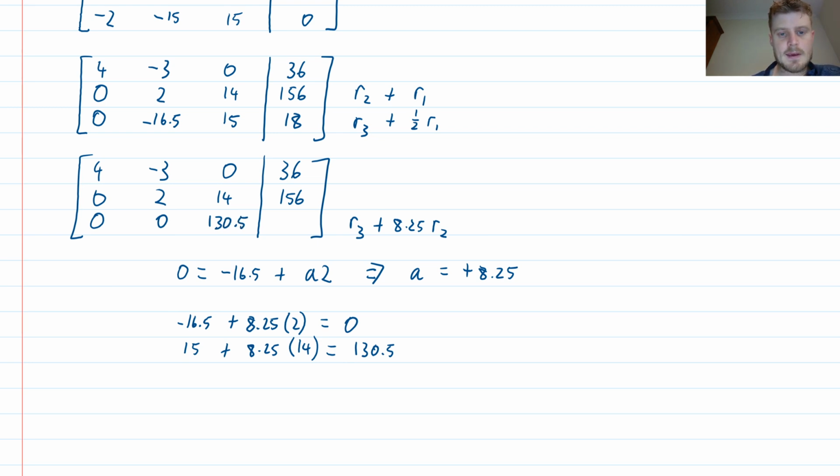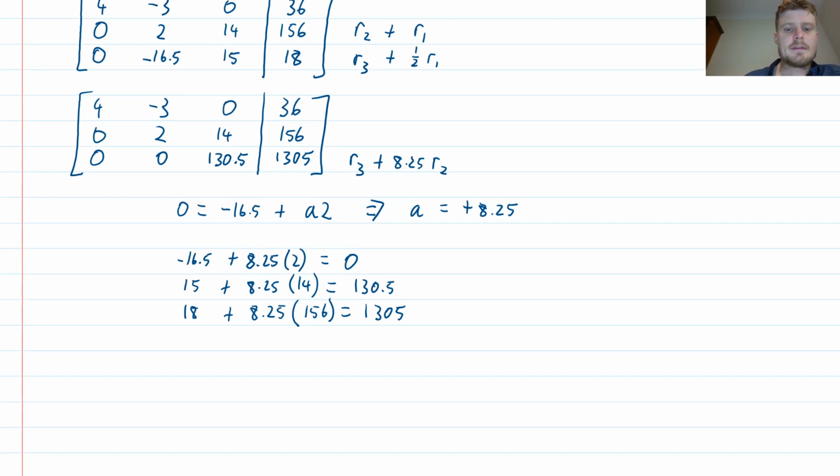And then in the augmented column, I will have 18 plus 8.25 times 156. So that is, just bear with me while I calculate, 1,305.